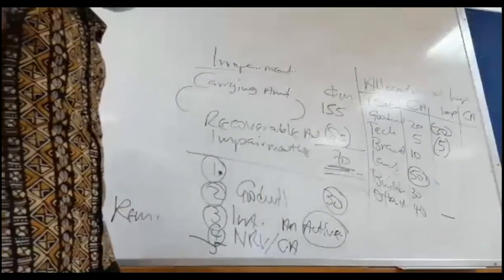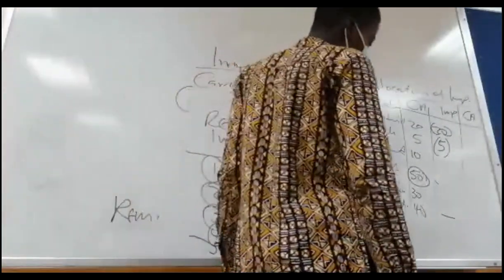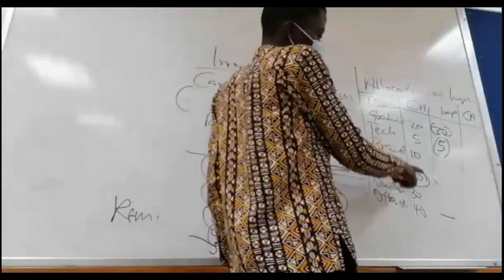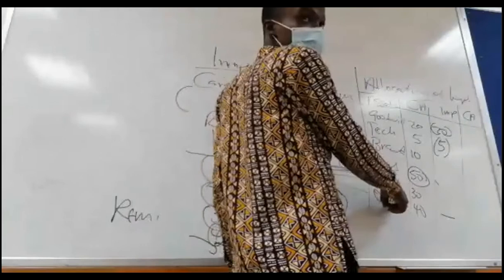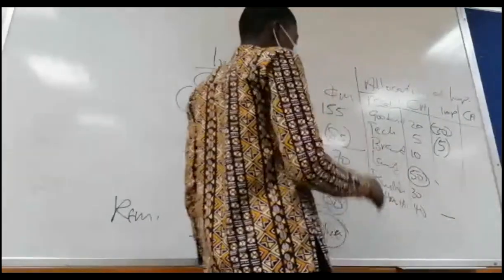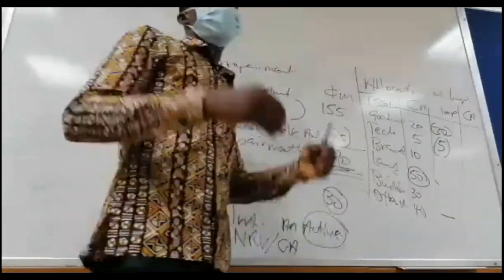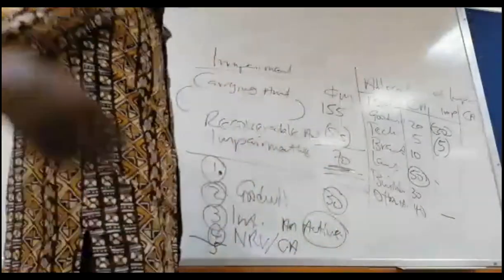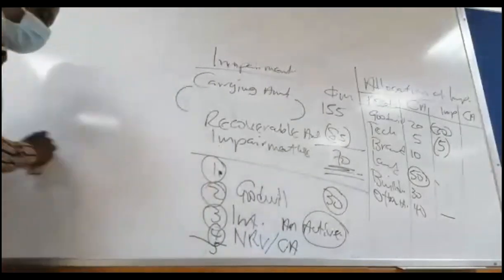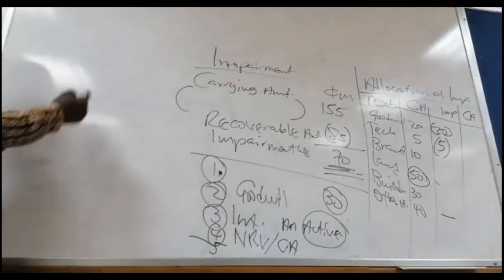So let's prorate it. How many assets are left? Three: brand, land, and building, against an amount of 45. Let me do some small workings here.